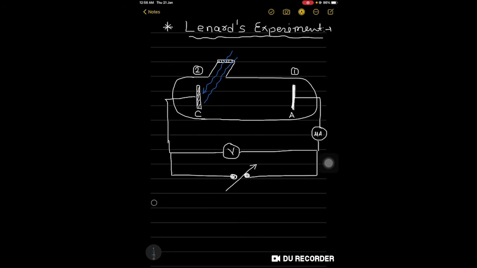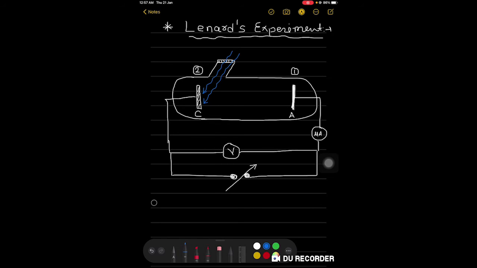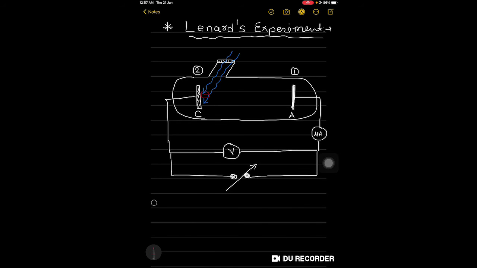So when high frequency light was incident on this plate C, some electrons were emitted from the surface.